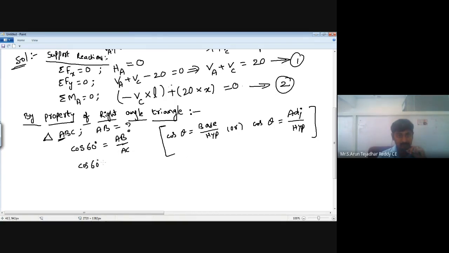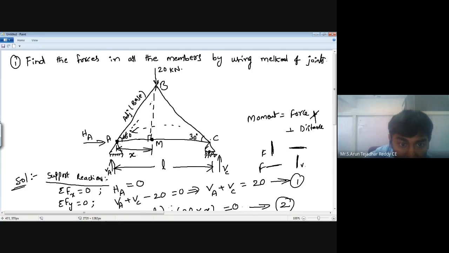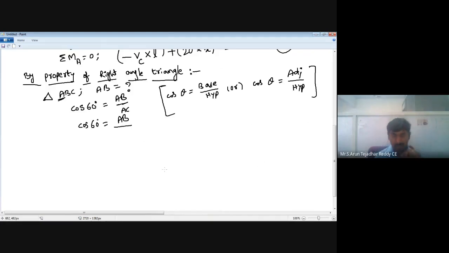cos 60 degree is equal to AB by AC. See here, from A to C the distance is L. So simply we can write AB is equal to L cos 60 degree.